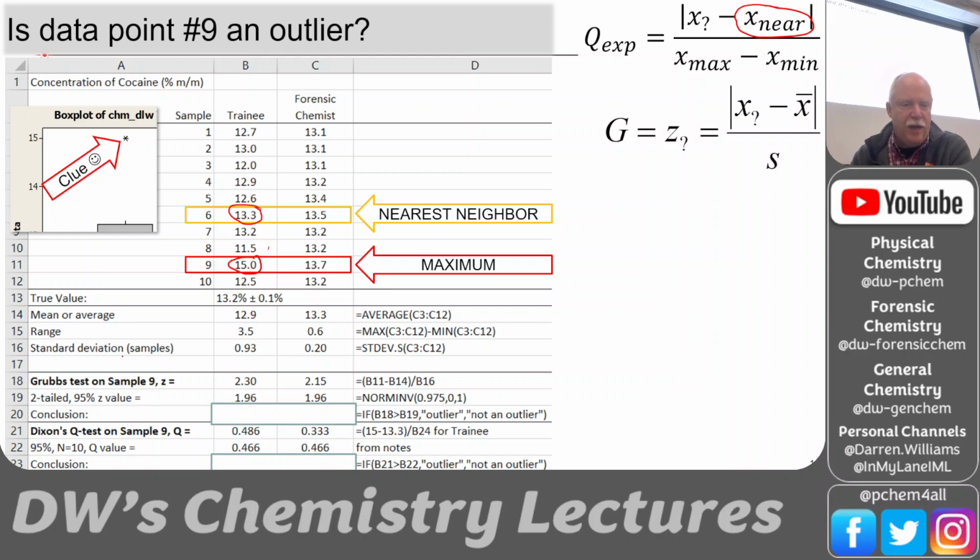We calculate Dixon's Q, and it's 0.486. And our critical Q value was 0.466. So 0.486 is larger, and so the null hypothesis that it's not an outlier is rejected. So it is an outlier. That's the thing that makes this very confusing, because you have all these double negatives, right? It's not an outlier. Okay, so it is an outlier.